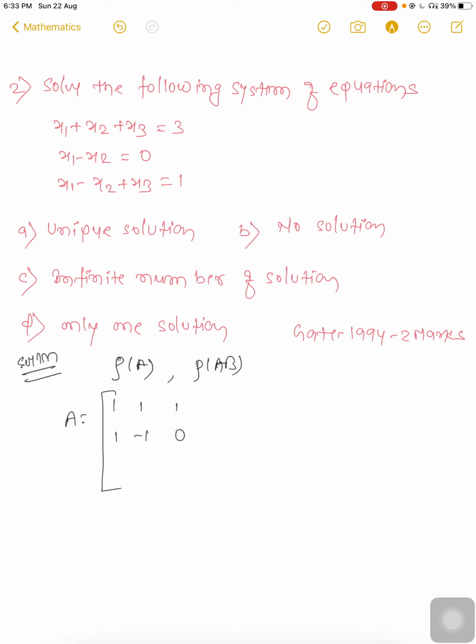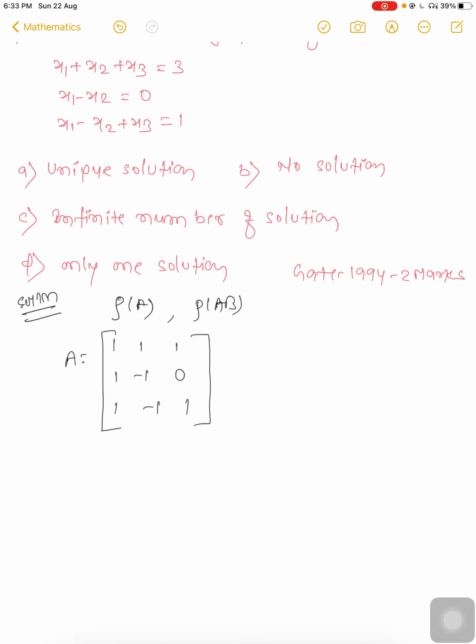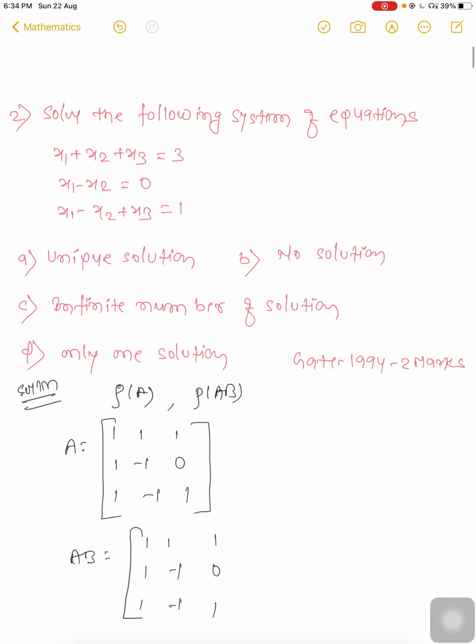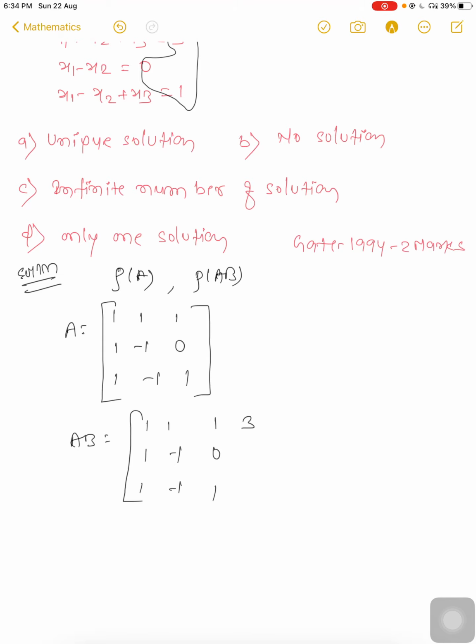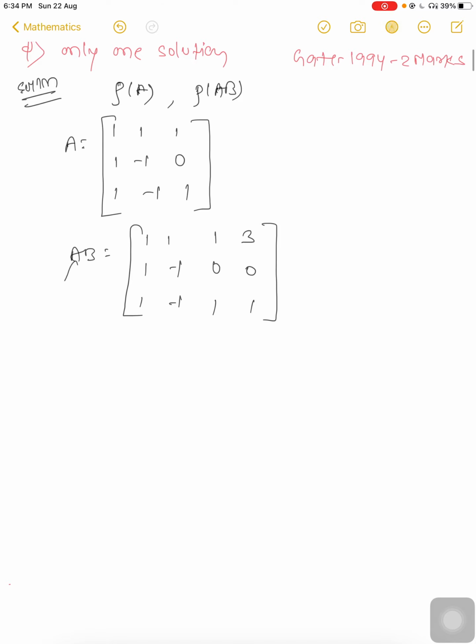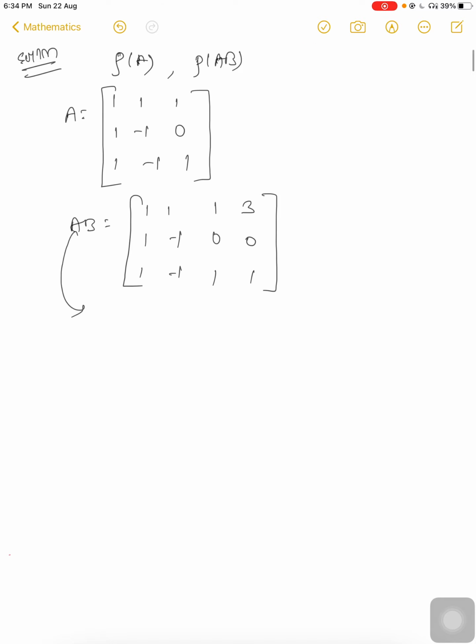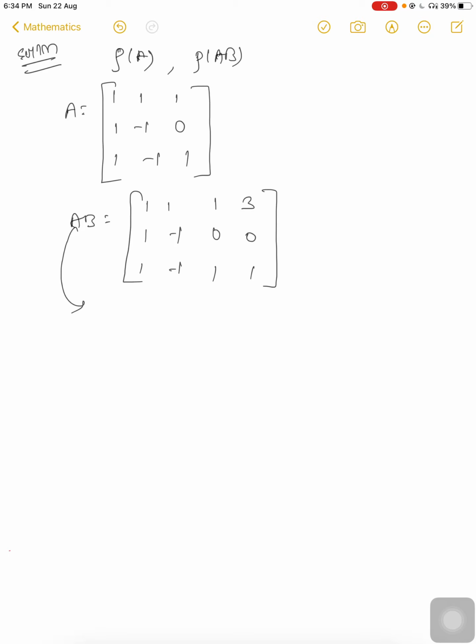A matrix will be 1 1 1, 1 minus 1 0, and 1 minus 1 1. The AB matrix will include the right-hand side as well: 3, 0, 3. Solve AB, and you will also get the solution of A.